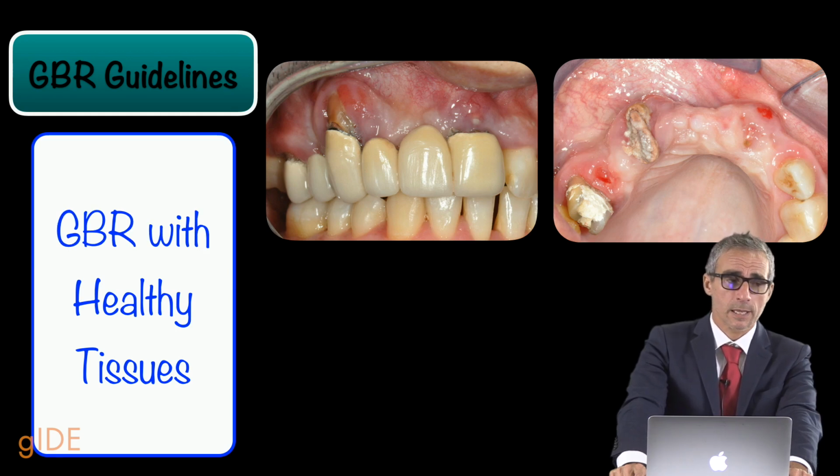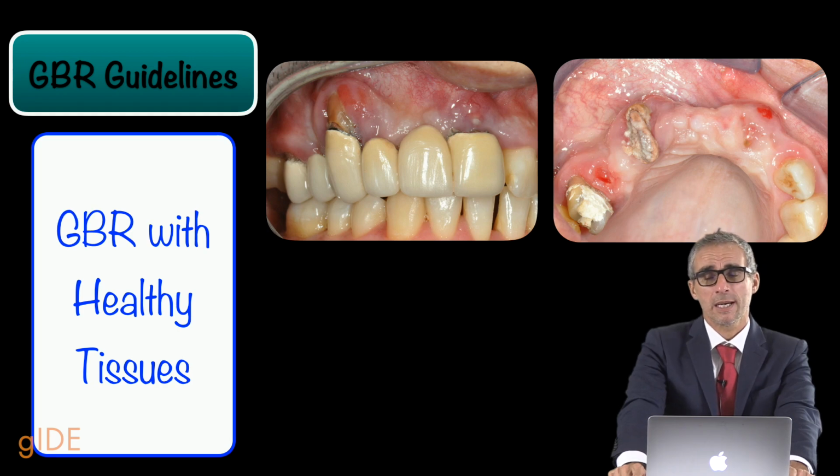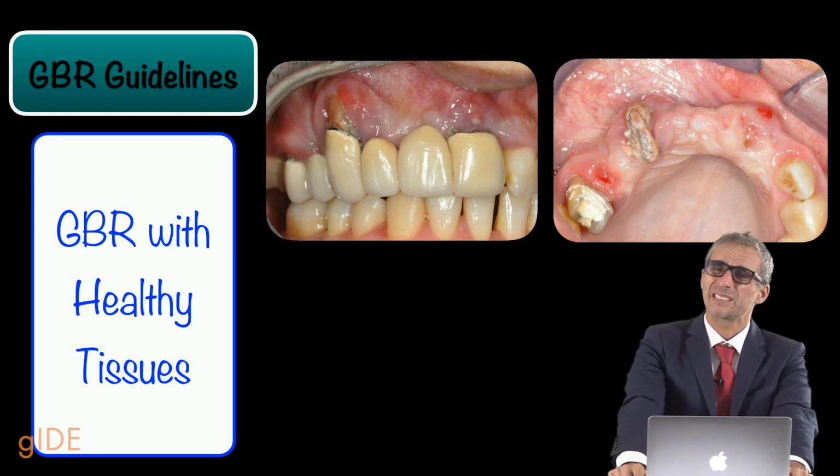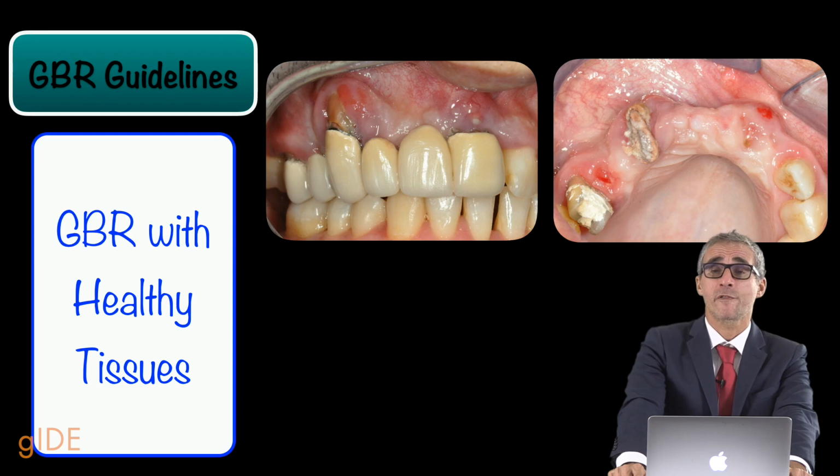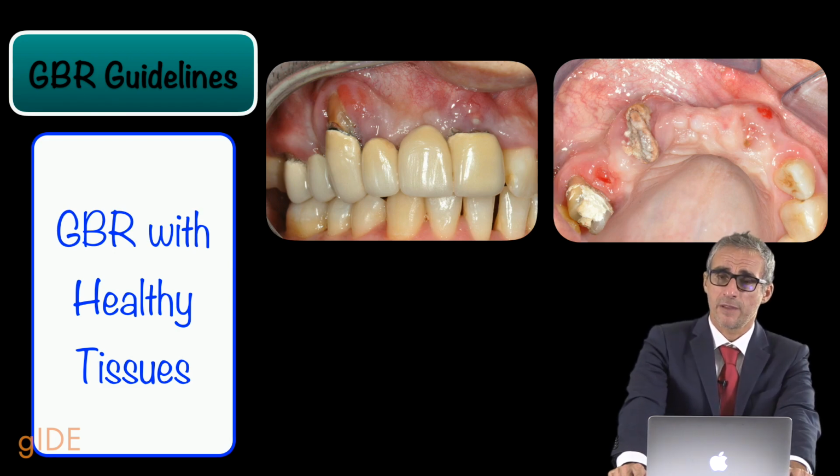It means that if you want, you can apply the GBR at the same time as the extraction of the roots or the debridement of the inflamed tissue. But you have to know that the predictability of these techniques is reduced. You have to know that the possibility of an early exposure of the membrane or infection of the graft material is very, very elevated.